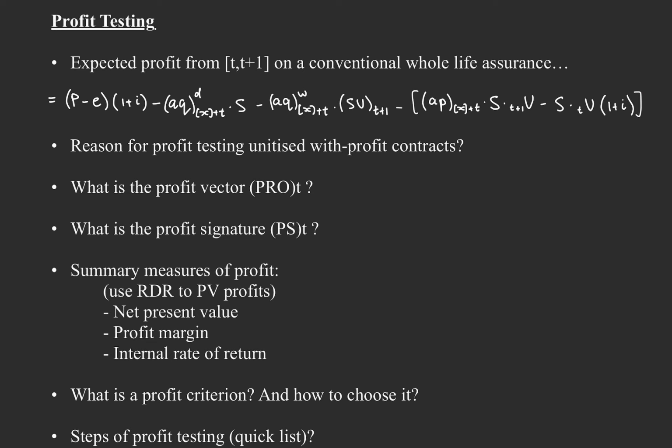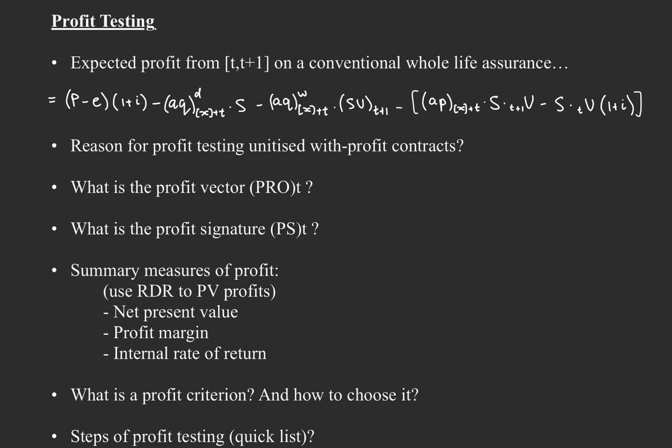Given that they're not the same, I have to change these reserves, which means this here is going to be an outflow representing an increase in reserves. So if my reserves increase, then what is inside this bracket will be positive, and so I'll have to subtract that from the expected profit in that year. So I take out from the profits the amount that I need to increase the reserves by.